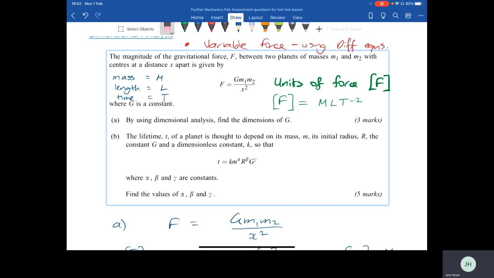It's just a matter of putting those dimensions in, and it's all about playing around with powers. That's everything. Sometimes it asks you to do subsequent parts of the question where you might be asked to play around with the formula you've just discovered. I don't know, bung a few values in. But again, even though it looks unfamiliar, it's just a formula that you can work with using our maths rules.